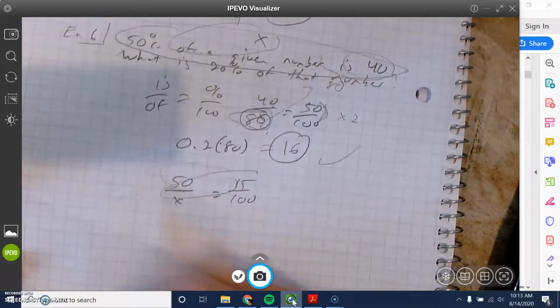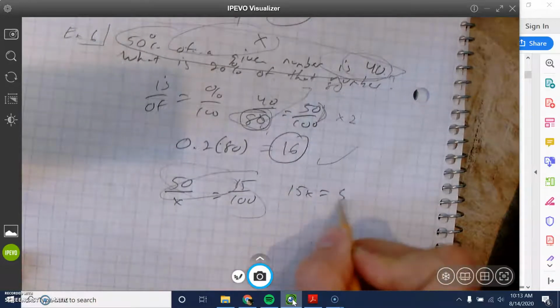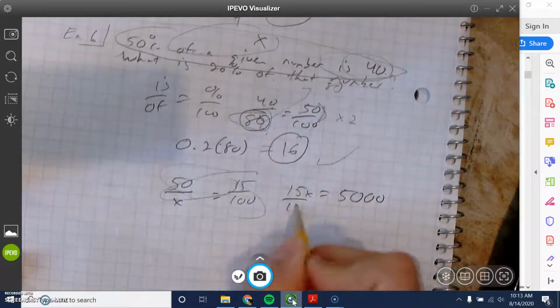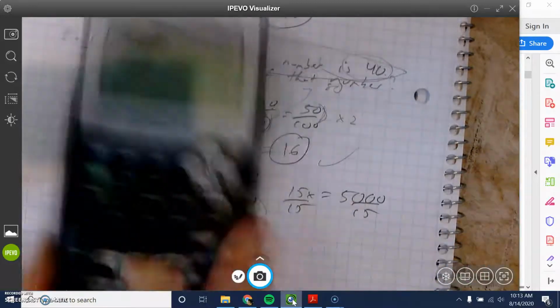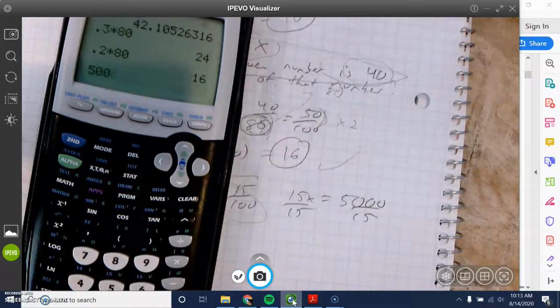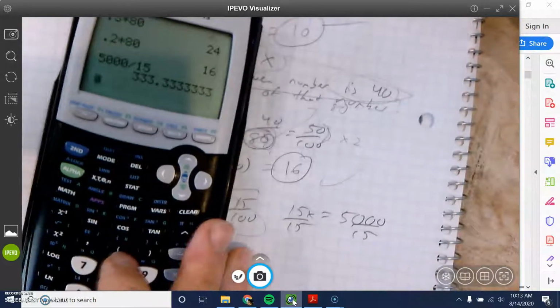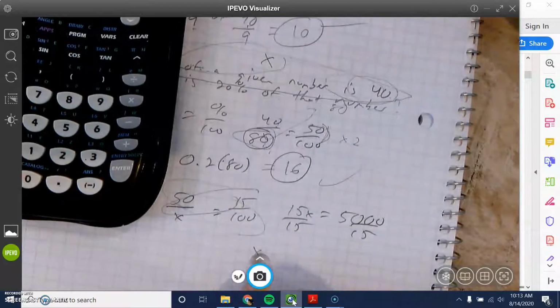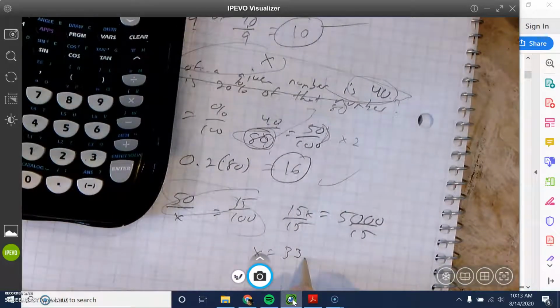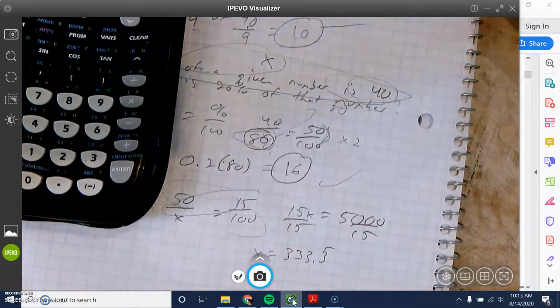So then cross multiply. 15x equals 5,000, so x is 5,000 divided by 15, which is 333 and 3/10 repeating.